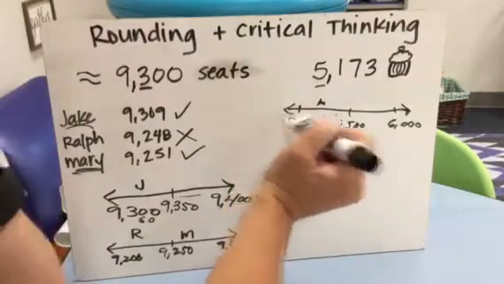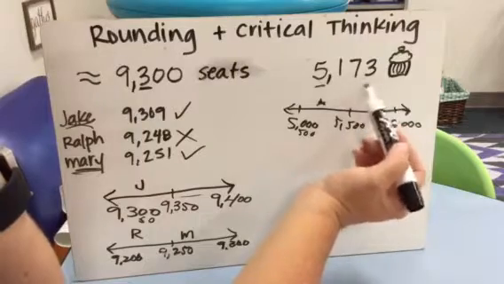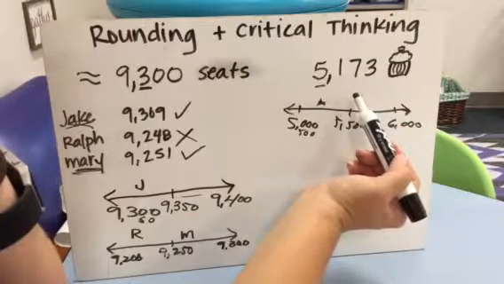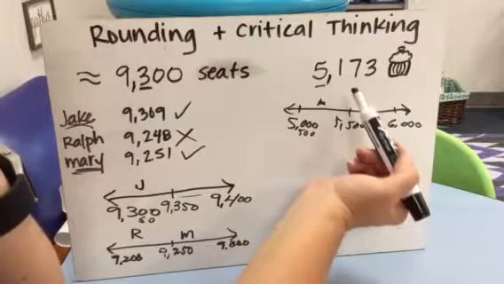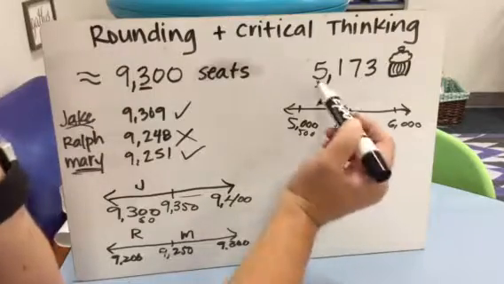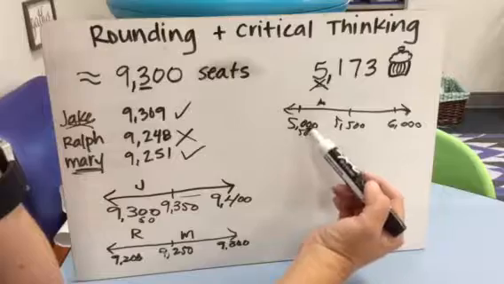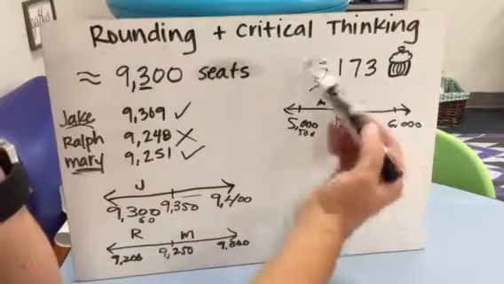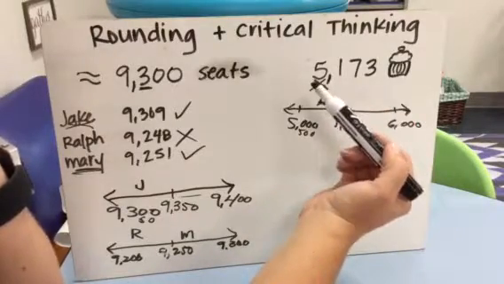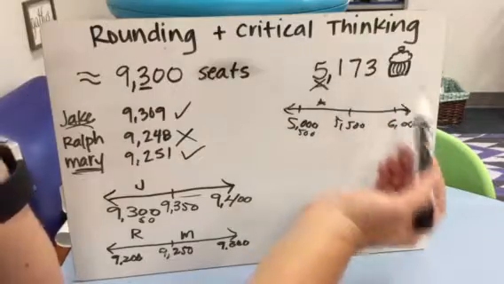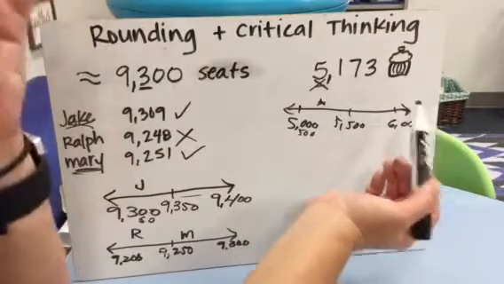That wouldn't be a good idea because that means 173 people, if they show up, wouldn't get a cupcake. So I need to make sure that I'm ordering enough cupcakes. This would not be a good place value to round to because it's giving me a benchmark less than what I need. I need a number that is at or above that for this situation.